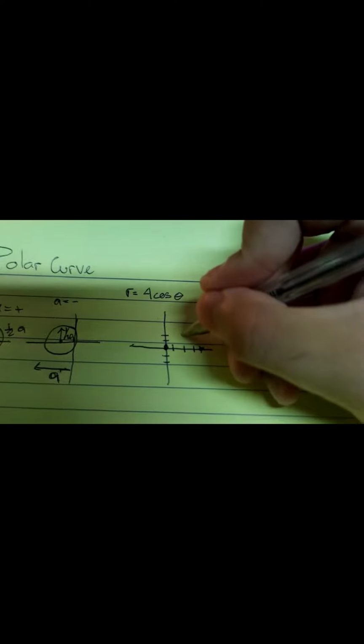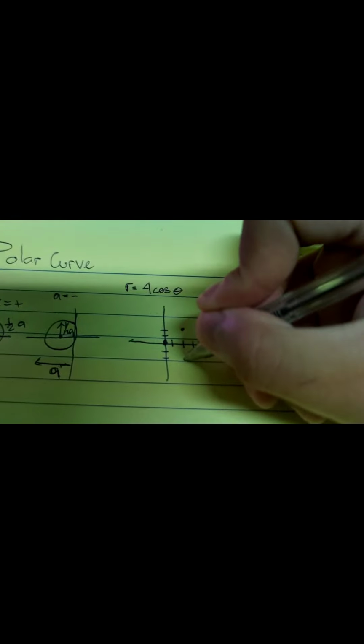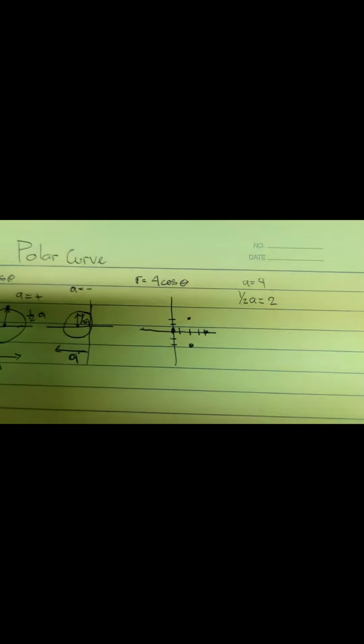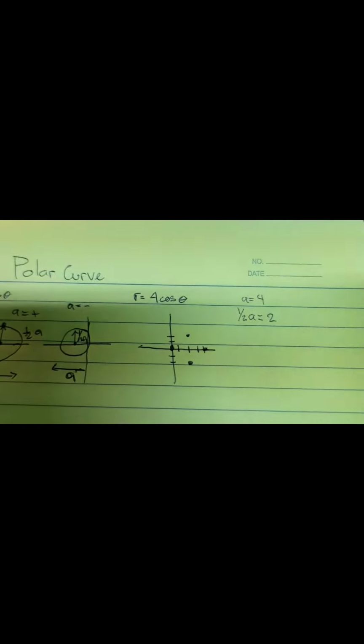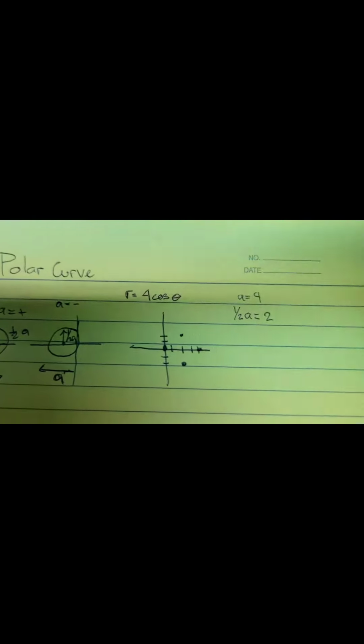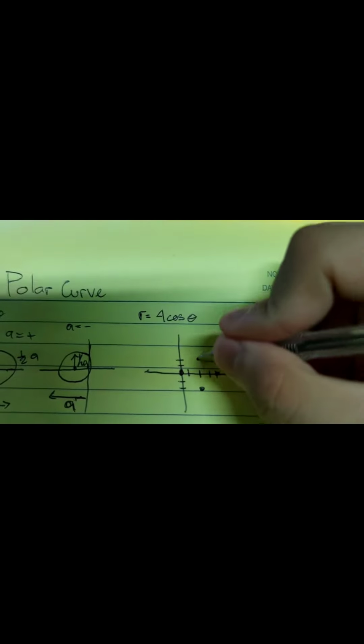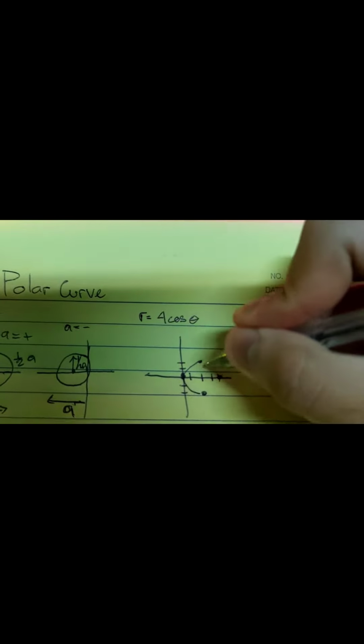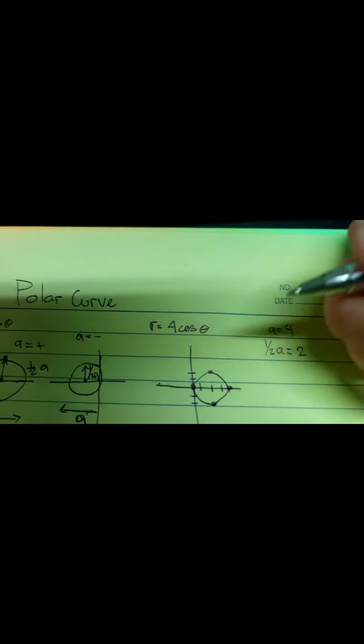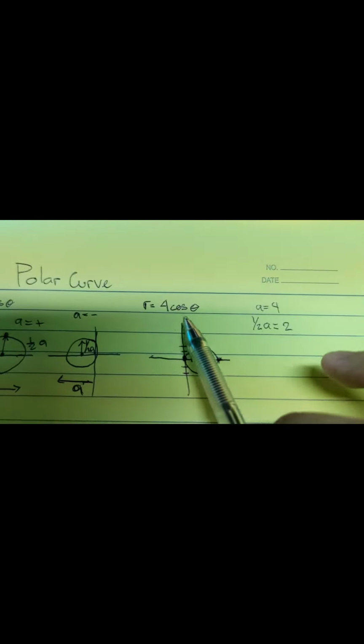From the center, we go up by 2 units and down by 2 units, from 1/2 a equals 2. After that, you can just connect these to make your circle. So that's how you get 4 cosine theta.